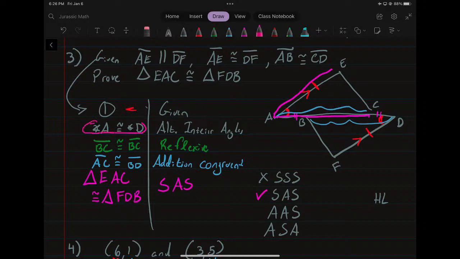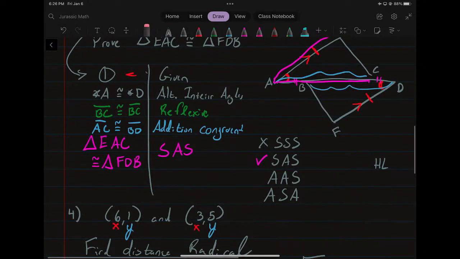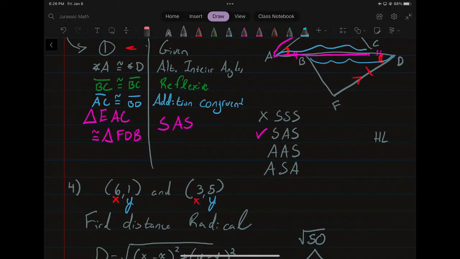So this one has an angle symbol, so I know that's going to be an angle. This one has a line segment symbol, so therefore I know it's going to be a line segment. And finally, the last one here, once again, has a line segment.